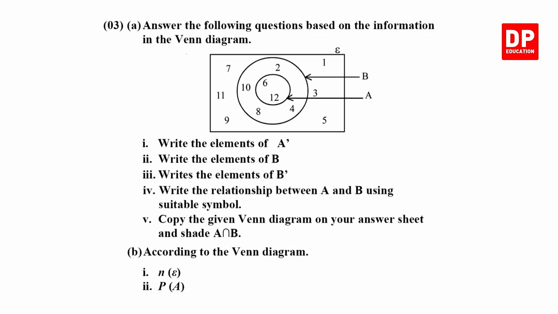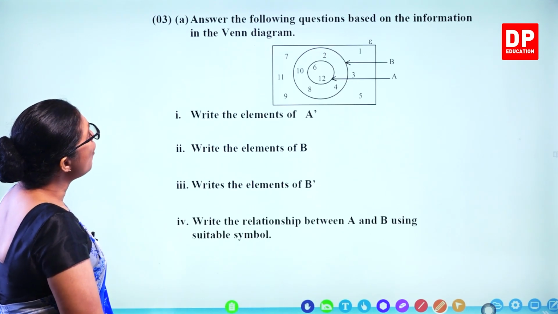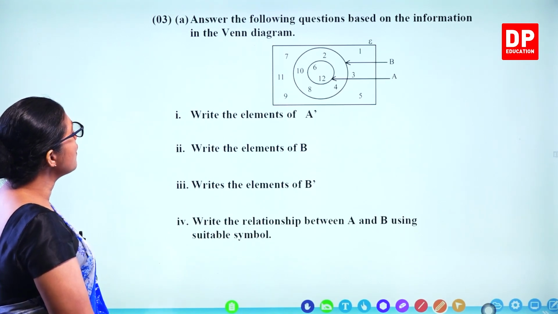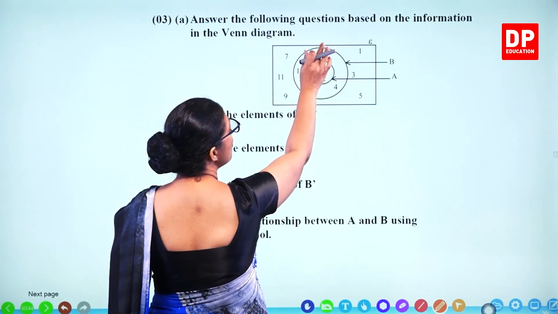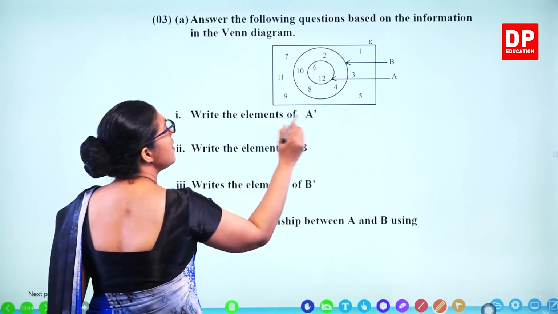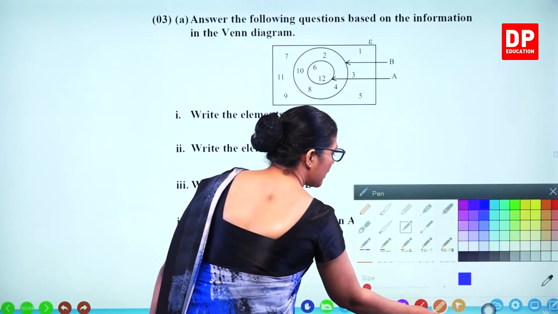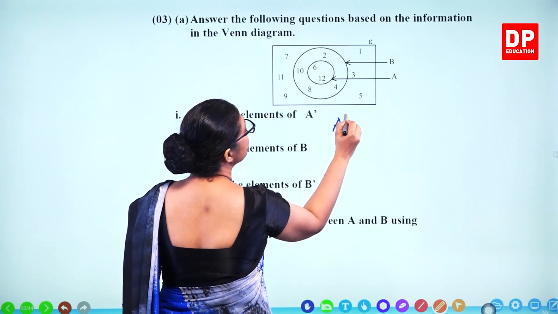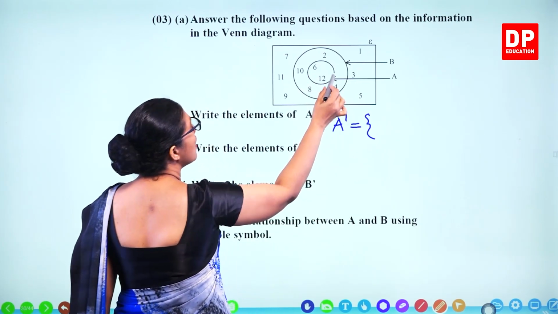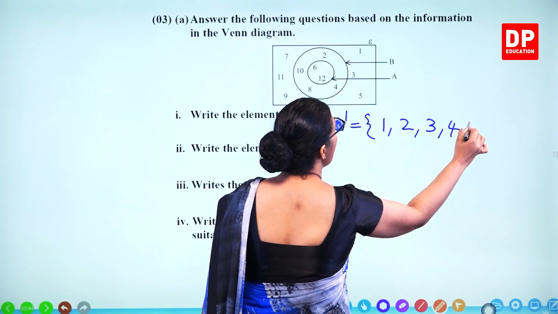Let's take the next one. Venn diagrams. So you get 2 parts here. Part A, answer the following questions based on the information in the Venn diagram. Write the elements of A dash, outside A. So you have to close the circle A and write down all the other elements. 1, 2, 3, 4, 5.